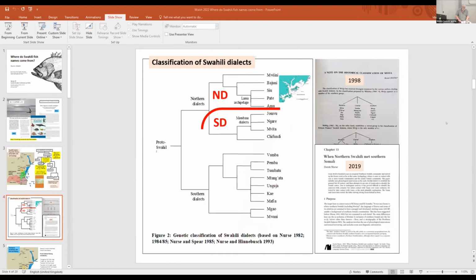And this slide is just a reminder. It shows you the primary dialects of Swahili and their classification, primary being those original coastal dialects. And to reconstruct fish names to Proto or early Sabaki, they have to be found at least as cognates in both northern and southern branches of Swahili dialects, as well as in Comorian.